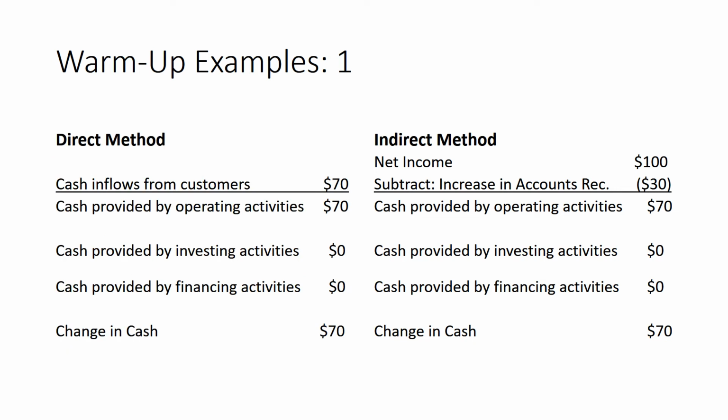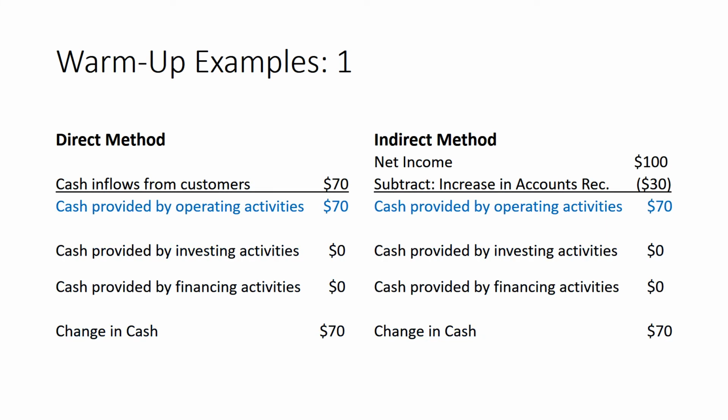Let's compare the statement of cash flows prepared under both the direct method as well as the indirect method. First, notice that the cash provided by investing and financing activities are 0, and the change in cash is $70. They look identical under both the direct as well as the indirect method.